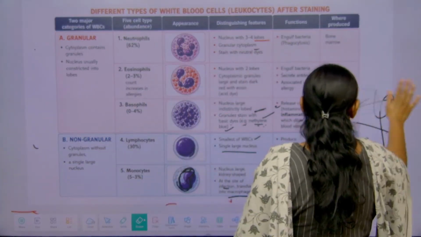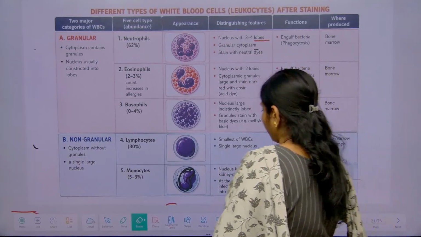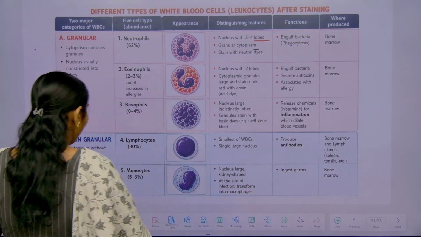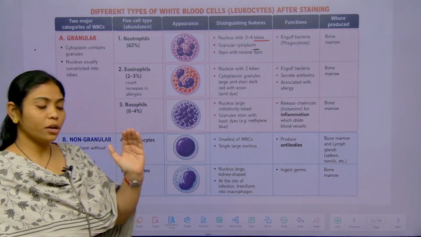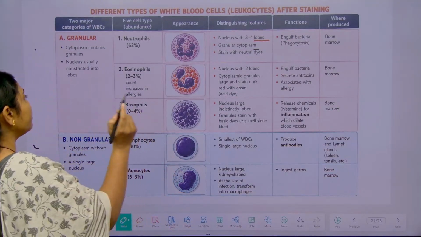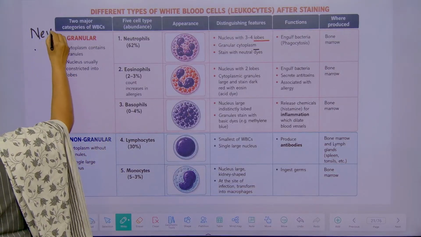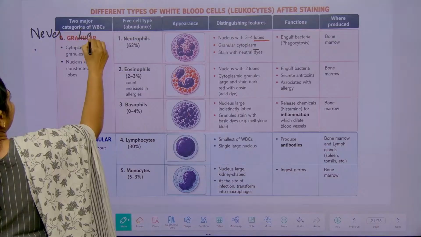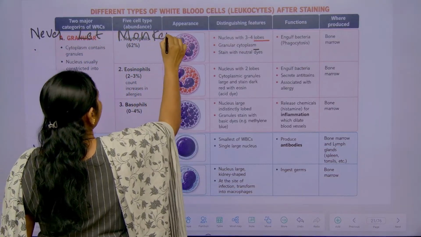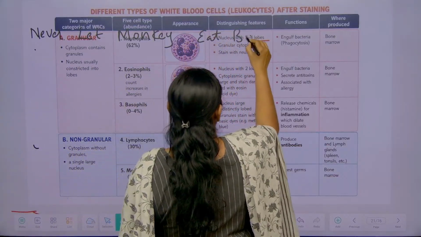In an examination, if they ask for the descending order of the WBCs, it is a little difficult to remember from the higher order to the lower. So for that purpose I am giving a mnemonic: Never Let Monkey Eat Bananas.